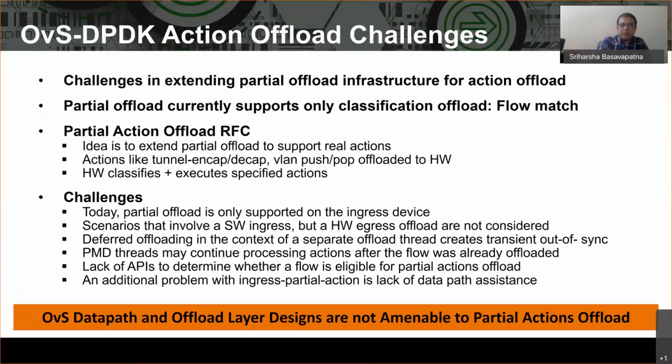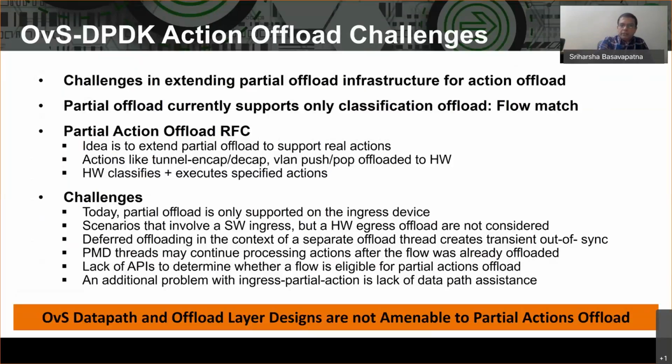But the challenge is partial offload is today supported only on the ingress device. There is an assumption that the offload should be done on the port on which the packet is received, and if it happens to be a hardware device, the offload is done. But we don't really consider a scenario where there is one software ingress port, but the egress port could be a hardware port.